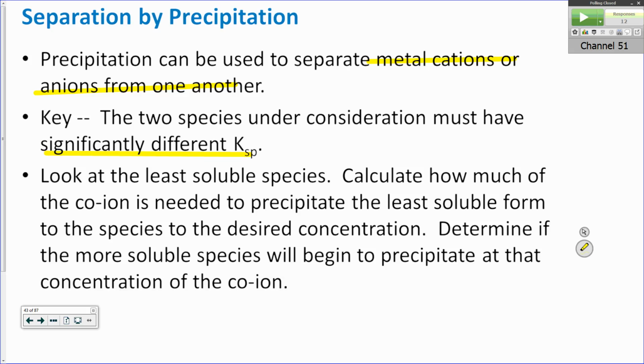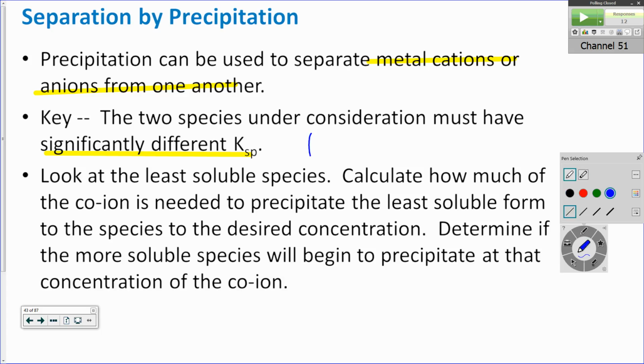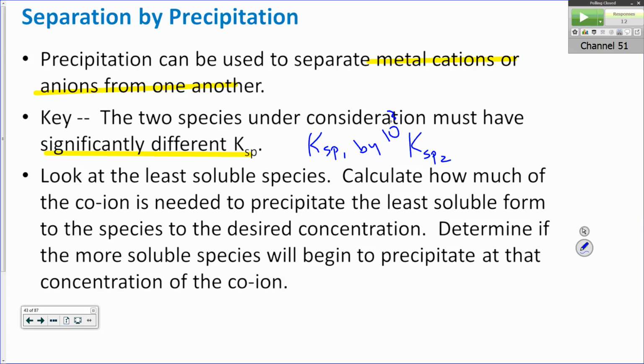What is significantly different? KSP values are typically small numbers. So if KSP1 is different from KSP2 by 3 orders of magnitude, by 10 to the third, you've got a pretty good chance of getting a good separation.